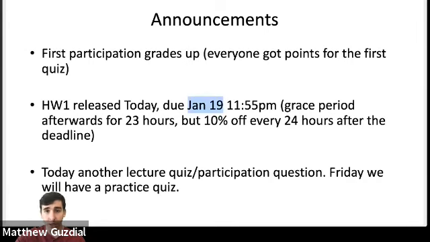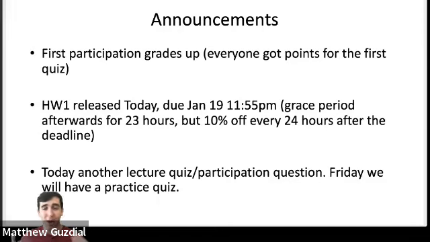Now, notably, you have a grace period afterwards for 23 hours, but you lose 10% every 24 hours after the deadline. But if you think that there's going to be some issue for some reason with getting the assignment in on time, if something comes up early, please let me know.